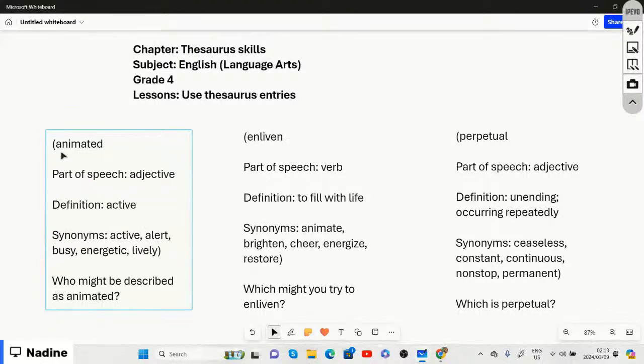So we have enliven, the part of speech is a verb, and the definition is to fill with life.